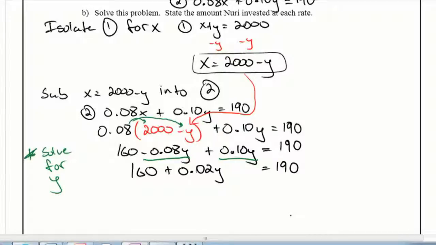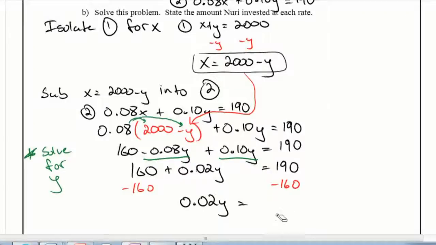All right, I'm trying to get y by itself, so I'm going to subtract 160 from both sides. So I get this 0.02y. 190 minus 160 is going to give me 30. And then I'm going to divide both sides by 0.02.